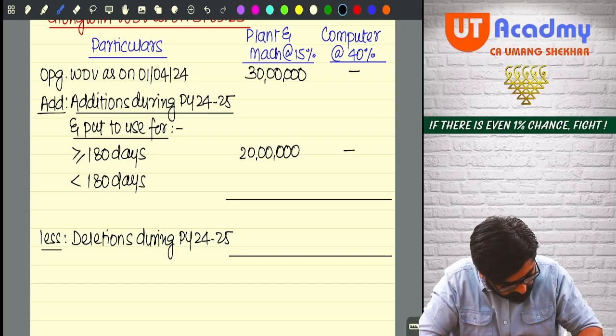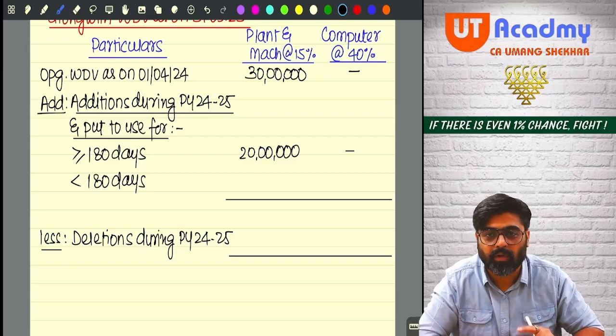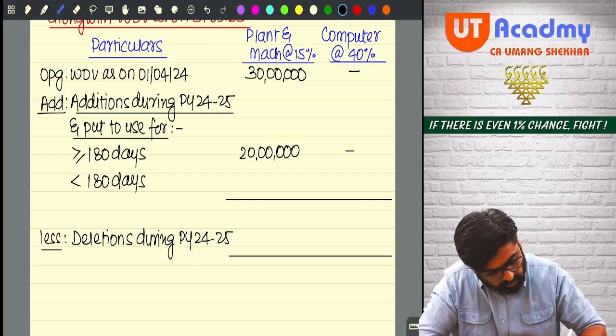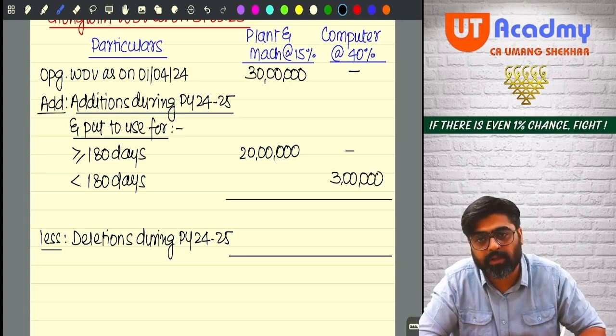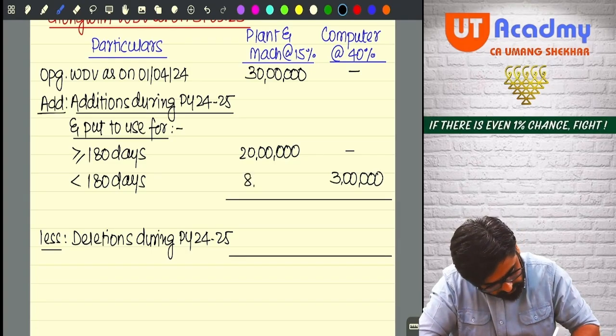Here there are no additions in the computer which are used for 180 days or more. Only one addition in the computer that is used for less than 180 days, so that was 3 lakhs. I will write down 3 lakhs here. And one addition in the plant and machinery also, which was used for less than 180 days, that is 8 lakhs.